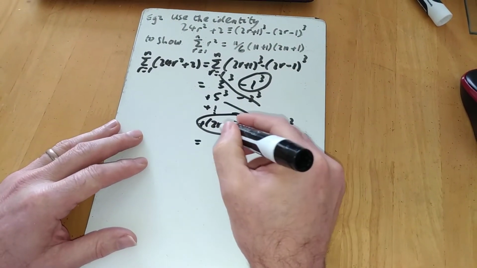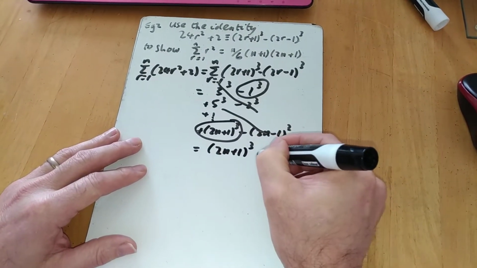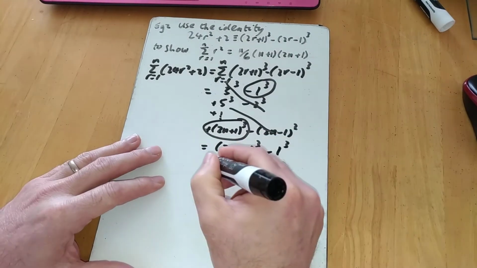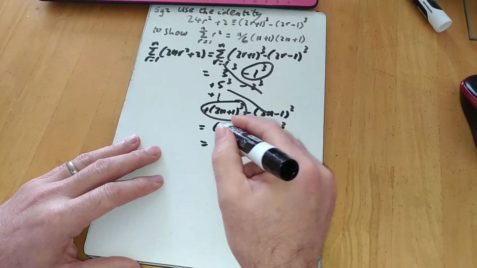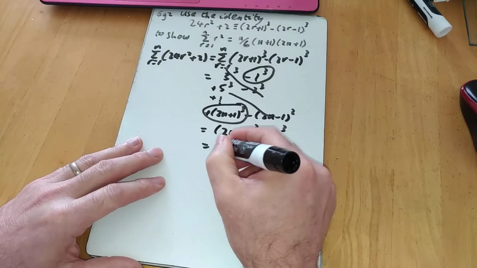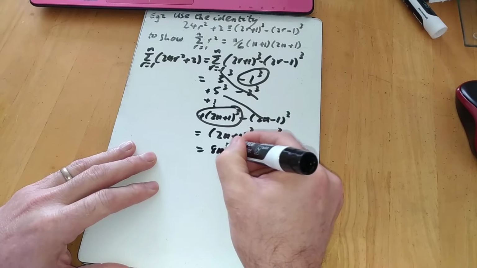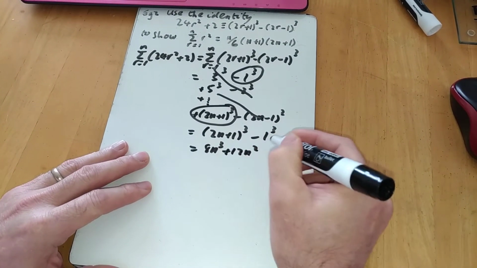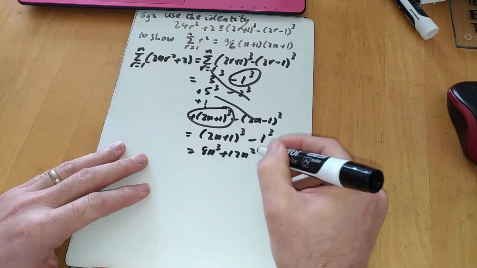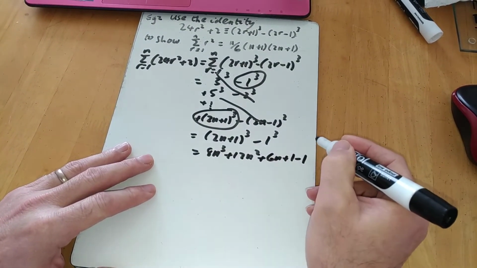So it becomes the same as 2n plus 1 all cubed minus 1 cubed. And I can simplify that as being, when I expand it, 2n all cubed, 8n cubed, plus 3 times 4n squared, 12n squared, plus 3 times 2n, 6n, plus 1 minus 1.